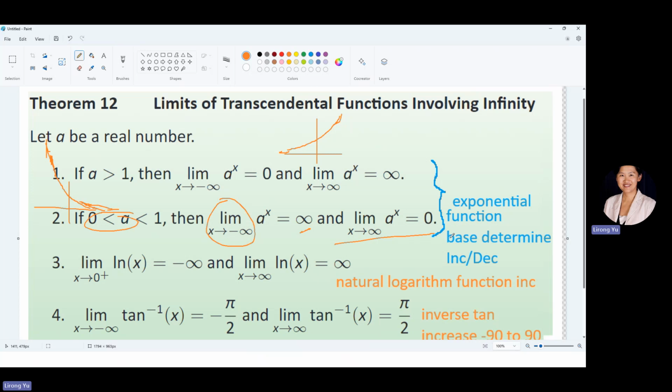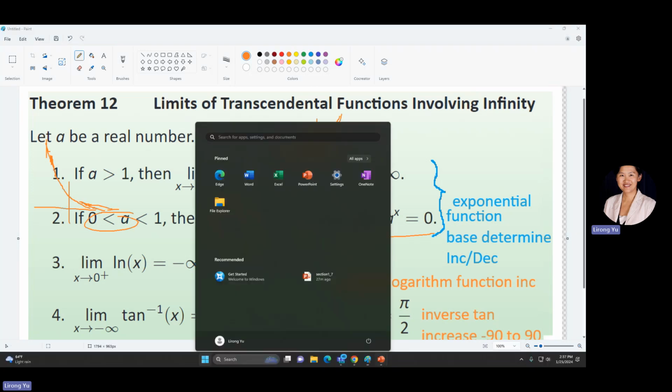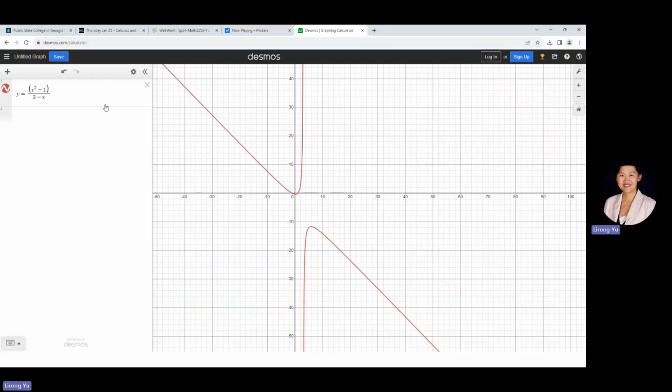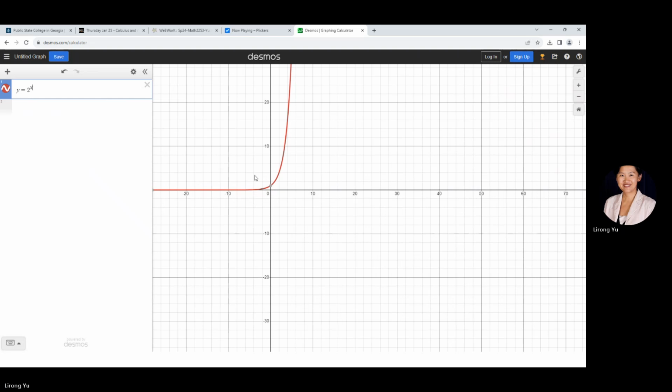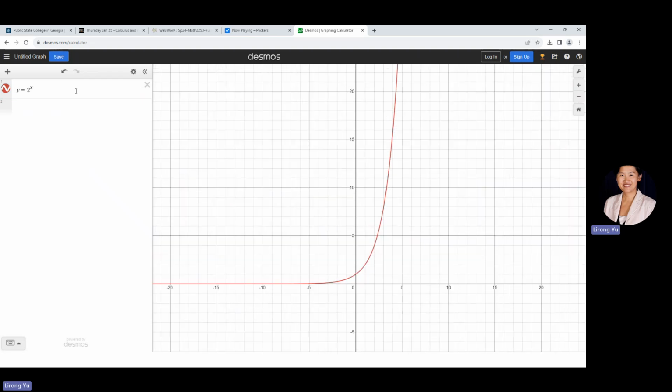This is really how we understand the logarithm function. Logarithm functions graph. For example, the exponential function 2 to the power x, and then y equals 0.8 to the power x.